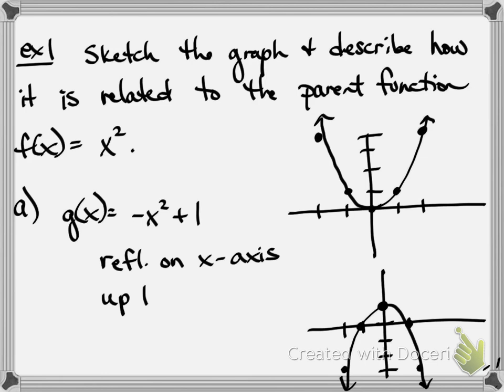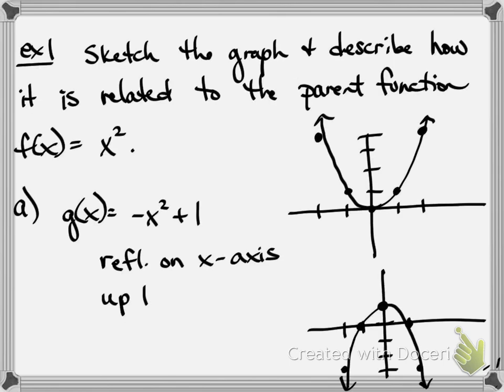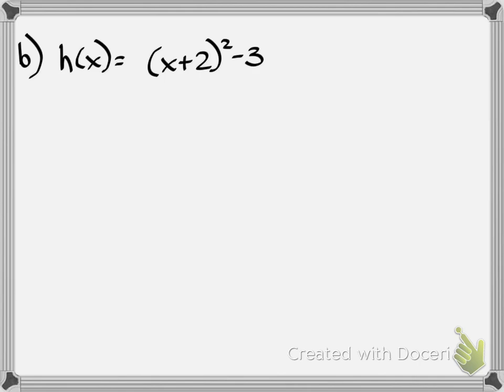All right, let's do B part. Let's describe how it is related to the parent. All right, so that 2 is inside affecting the x, so it's a horizontal, that left-right shift, and it's the opposite of what it looks like, so it is left 2.